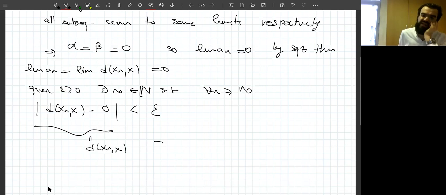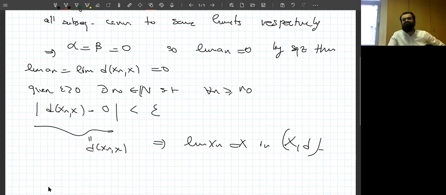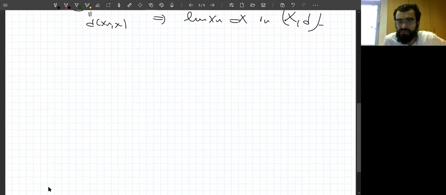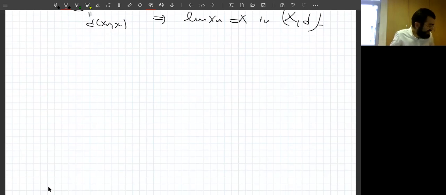Which implies the limit of x_n is x in this metric space. Do you have any questions? No? Okay, if you don't have any questions, let me continue.